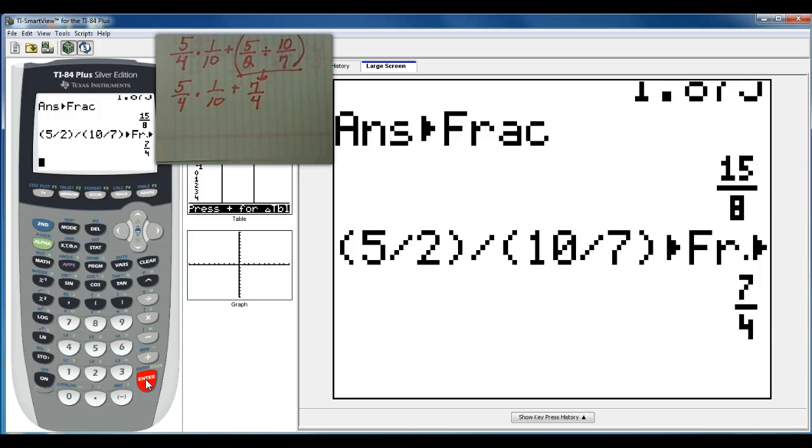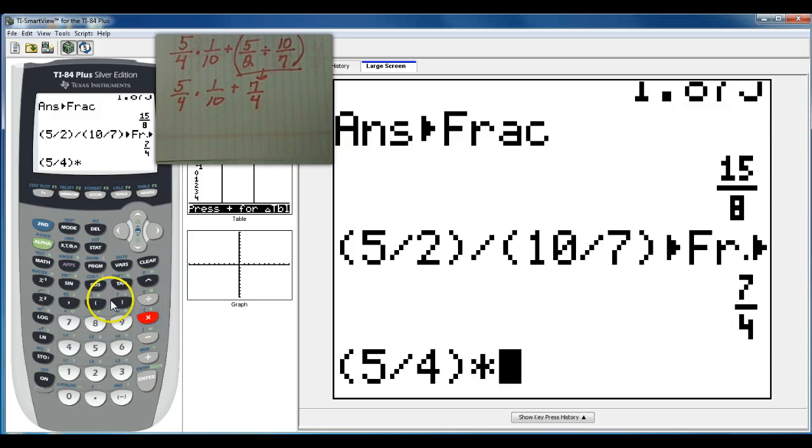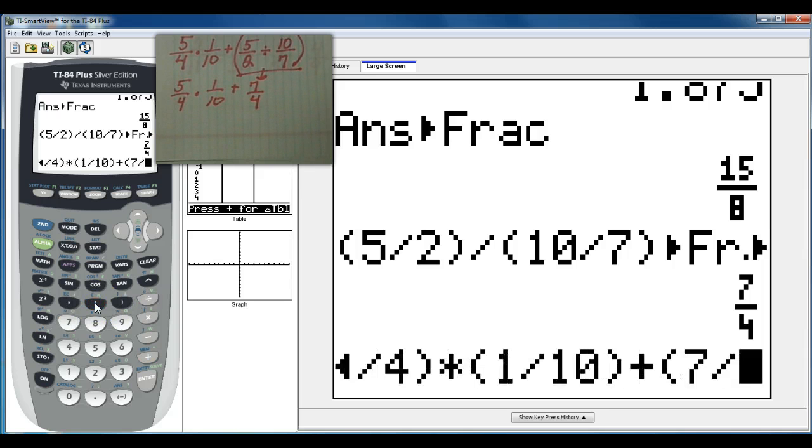So I will write 7 over 4 right here. And now I can put in the whole fraction straight across without having the double set of parentheses. So the problem is 5 over 4. Now I need to close that parenthesis, times another parenthesis for 1 over 10, close that parenthesis, and now plus another parenthesis for the 7 over 4 that I just got.